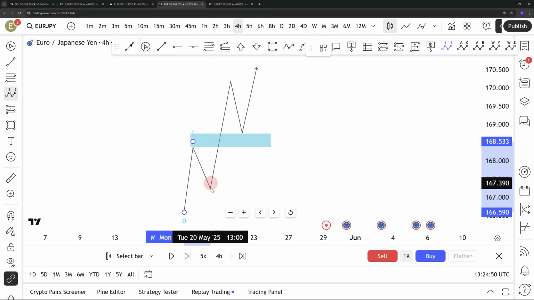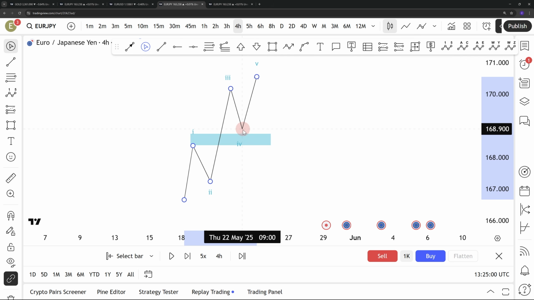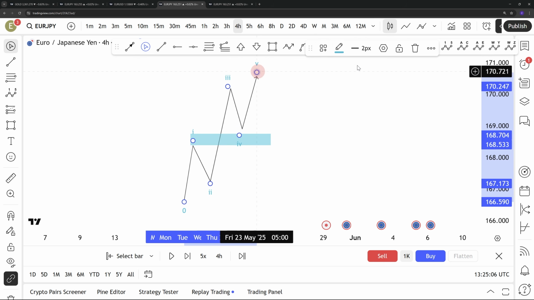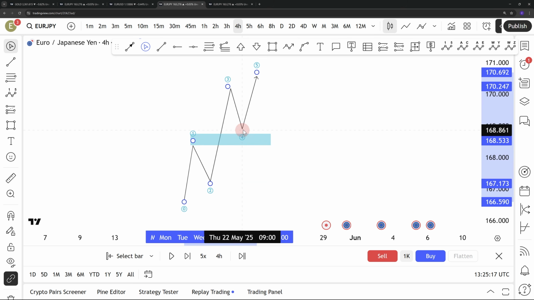We have 1, 2, 3, 4, and 5 here. Let me change this at least to a numeric number so that everything can follow up. You can clearly see that we have 4 here.